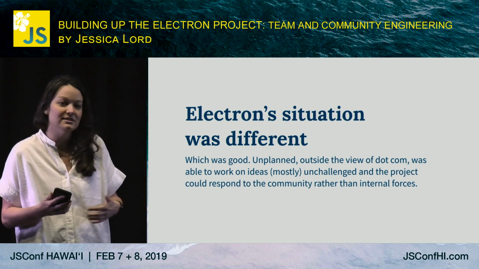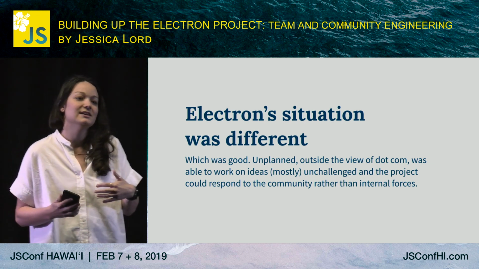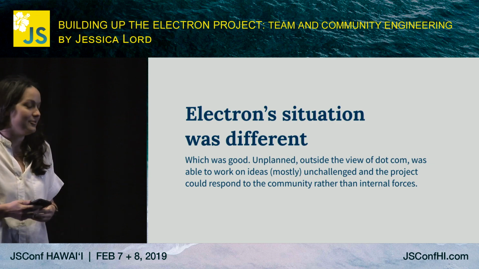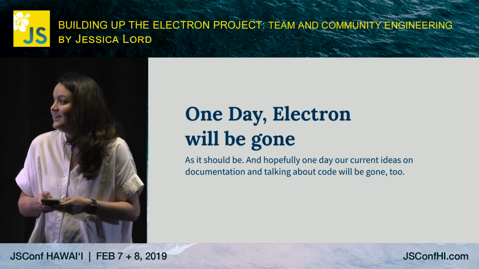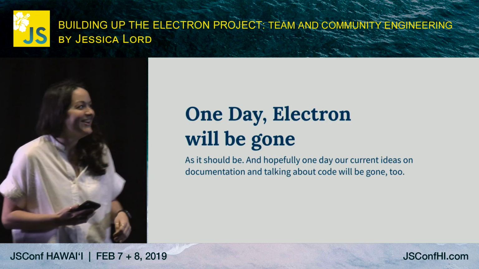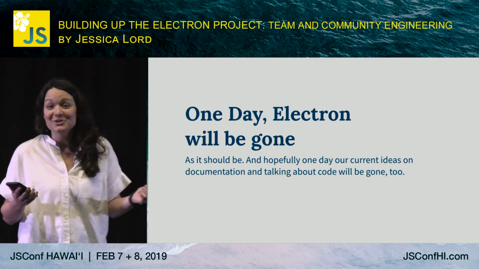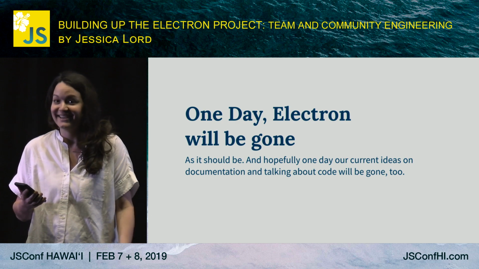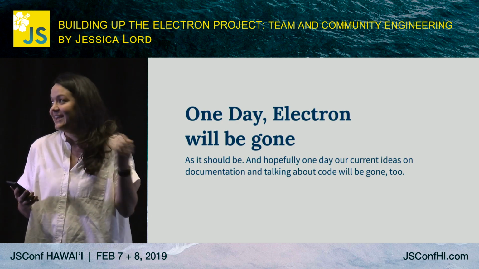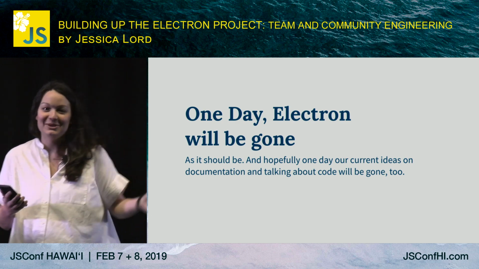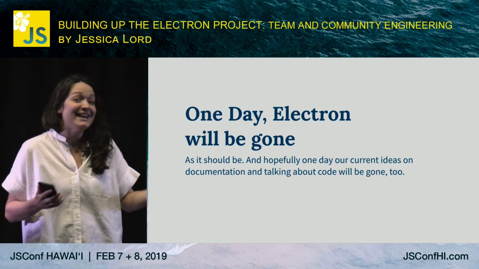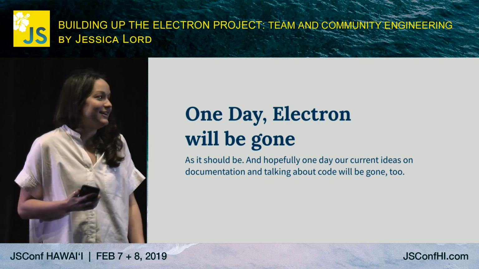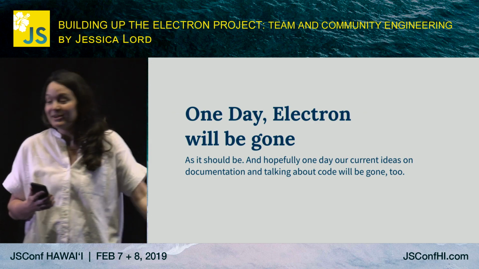The community is who it cared about, because there wasn't this internal GitHub vision like there was for Atom. One day, though, Electron will be gone, and it should be, because it should be the stepping stone to the next thing. And if you hate Electron and CPU usage, you should hate more if nothing ever replaces it, because that's the problem. But it should be replaced, and something better should come along.